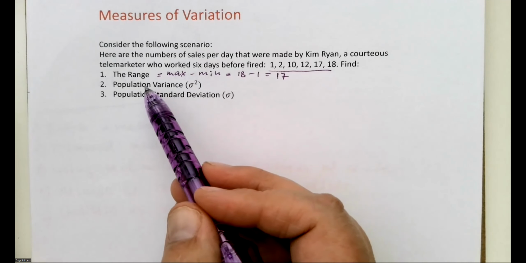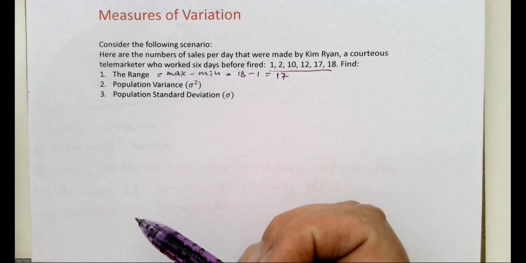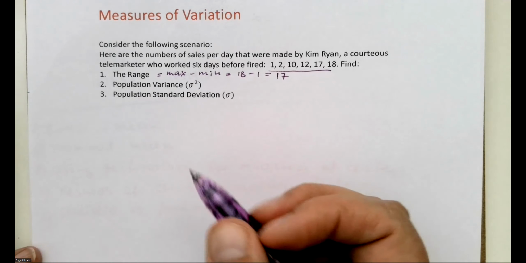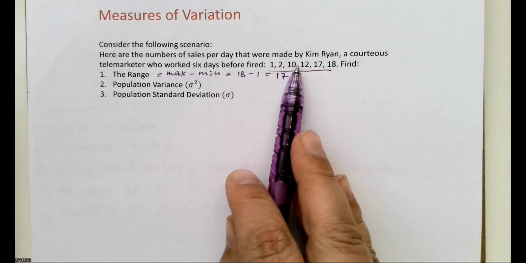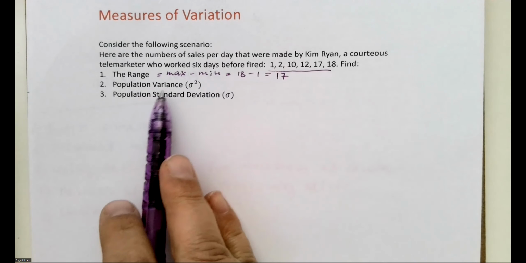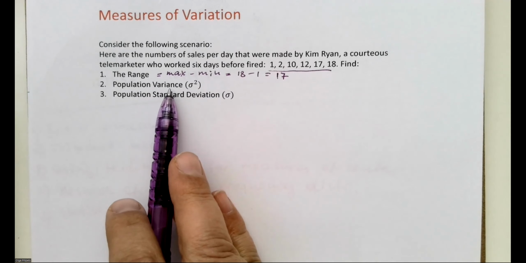Okay, let's jump to population variance and population standard deviation. In order to start, we're going to compare each of these values to the center, to the mean of this population.